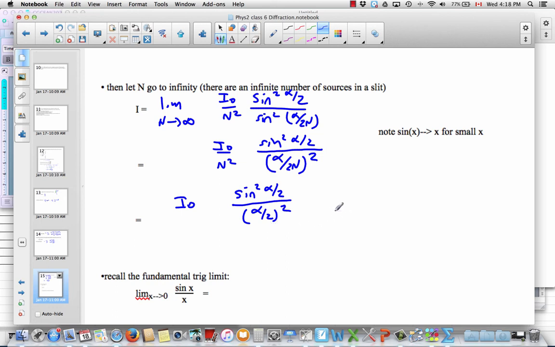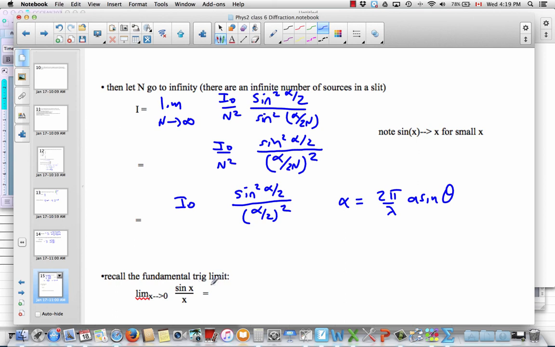And notice now, just a reminder that what was alpha, that was just this expression here. It was 2 pi over lambda times a sine theta. Now, in the limit of really small alphas, so say as sine theta gets close to 0, alpha will get close to 0, then this looks like sine x over x all squared.